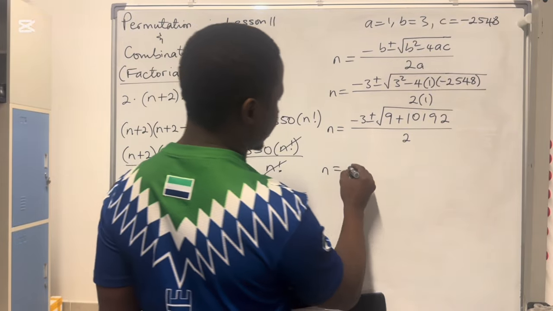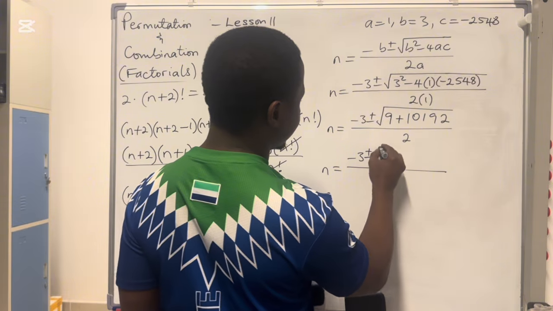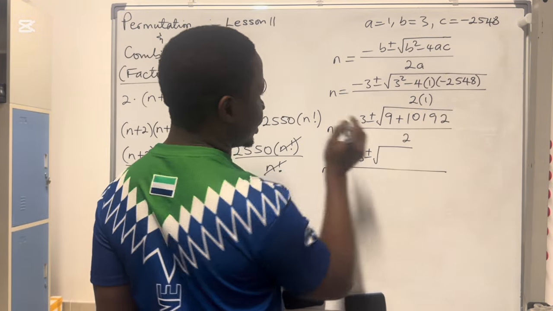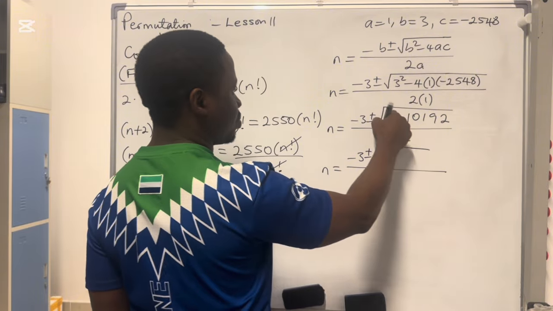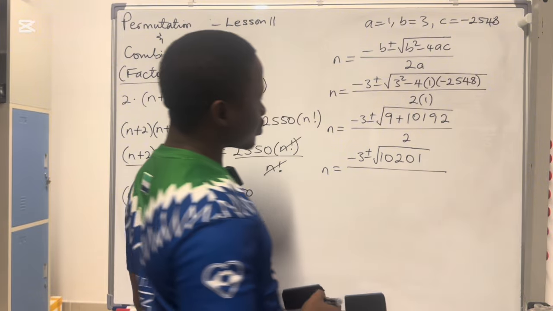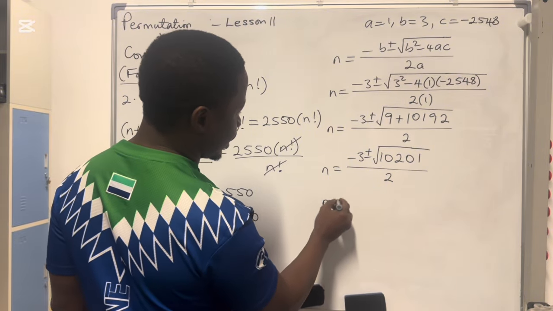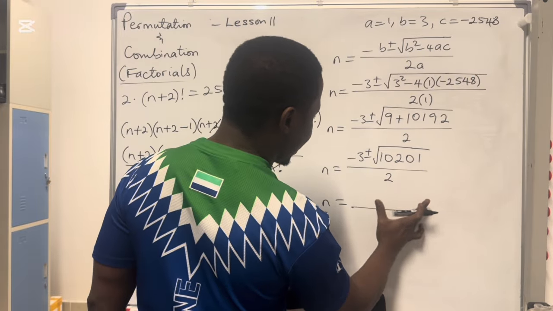So n is equal to minus 3 plus or minus, yeah, so this added to this is 10192 plus 9 is 10201 over 2. So n is equal to, there are two things we do here.